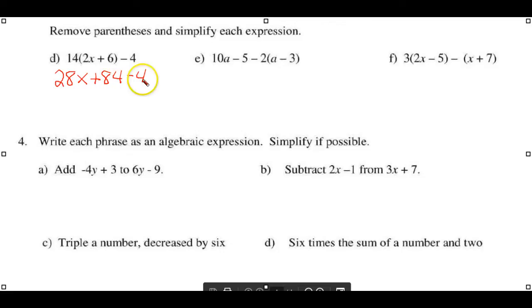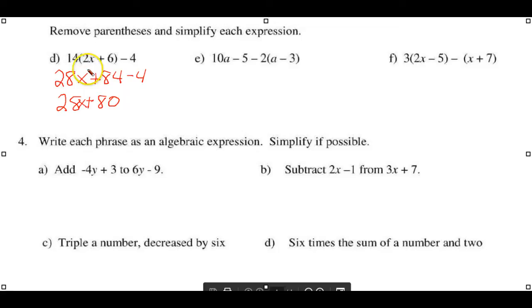So we see we have like terms here. So this becomes 28x plus 80. Again, you would write the example down on your blue sheet, show this next step, and do the simplification.